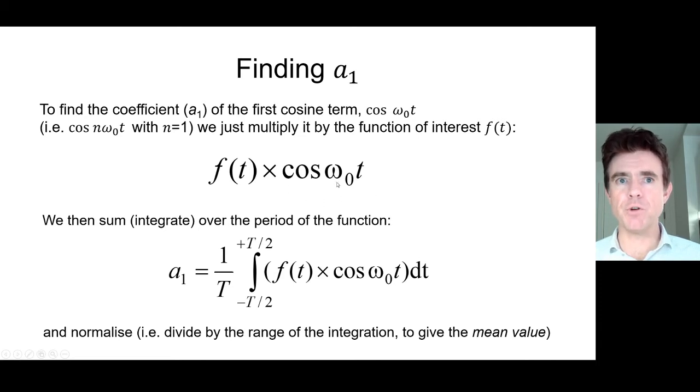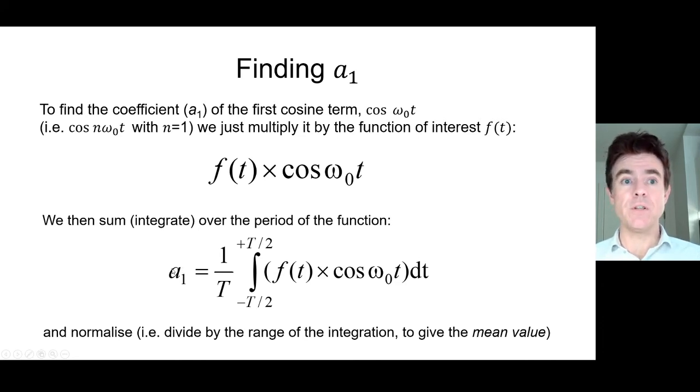So if we're trying to find the coefficient a1, in other words, the coefficient of cos 1 omega naught t, we take that product, we integrate the product over the period of the function. So here I'm taking it from minus T over 2 to plus T over 2, and then we've got to normalize to avoid that exaggerated addition of too many components, and that will give us a1.